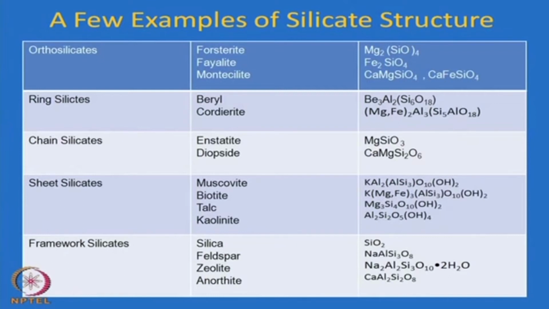Then they have sheet silicates. We have discussed a little bit about the structure. Muscovite, that is the potassium mica, and the structure, and you always have OH ion there. OH ion is one of the major constituents of all these sheet silicates. Any sheet silicate you have, there will always be an OH ion, whether it is muscovite, kaolinite, or talc.